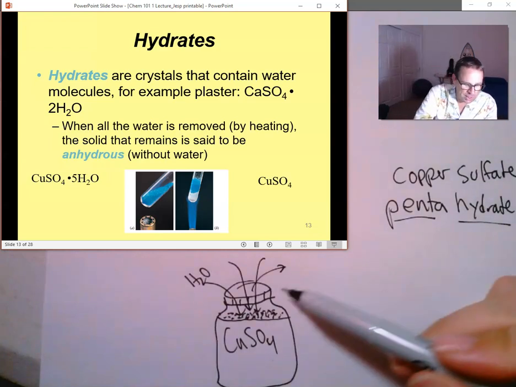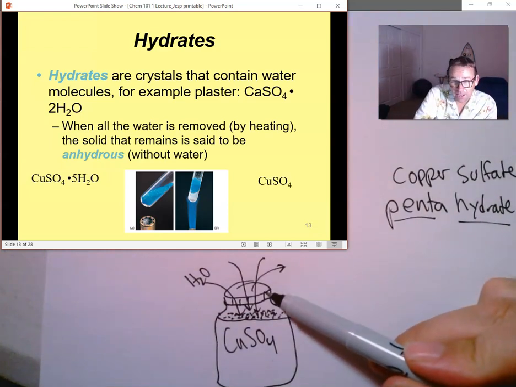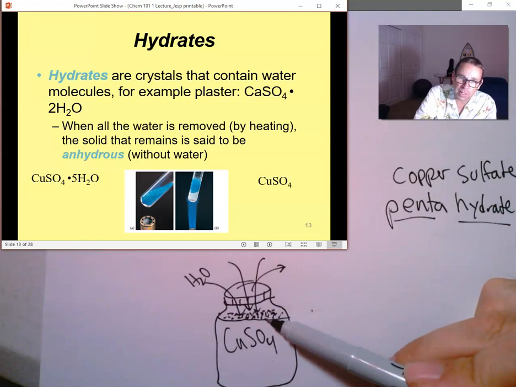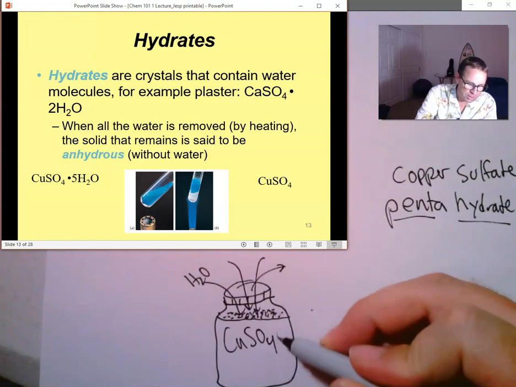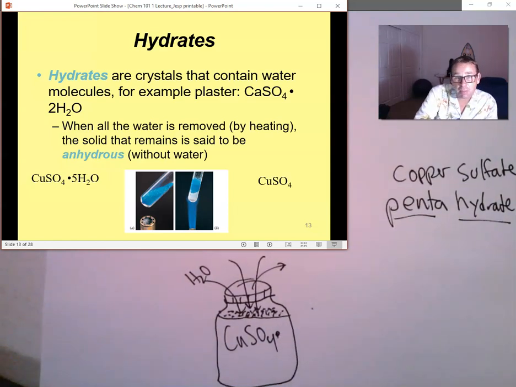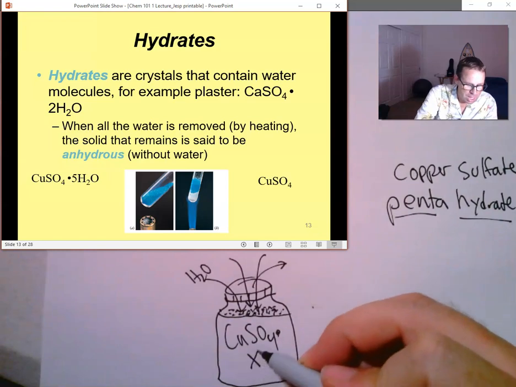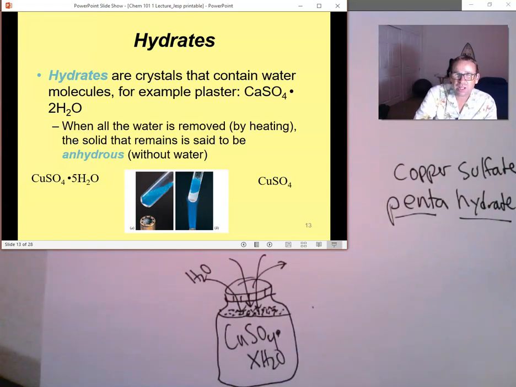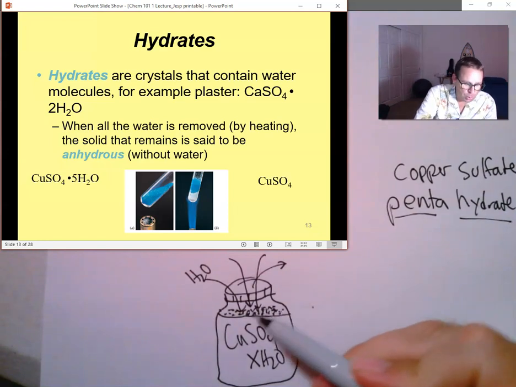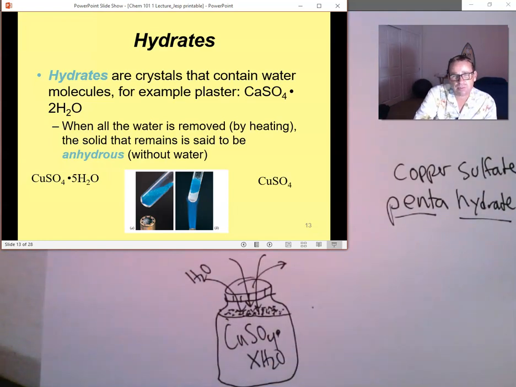So if I open this lid a second time and go to get some copper sulfate out, I'm not going to get copper sulfate at the very top, am I? I'm going to get copper sulfate with some hydrates. And I don't know how many hydrates got on there. X, I can just say, because I don't know how many. Every time I open it, there's going to be more and more water stuck on the surface.